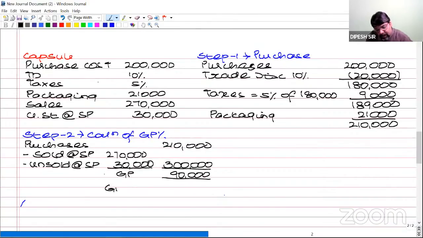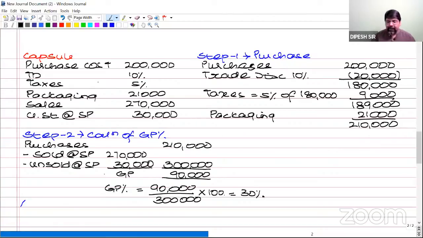GP percentage is equal to GP by 3 lakhs into 100, that is 30%. Now, is this my actual GP percent? Yes. But is 90,000 my actual GP? No, my actual GP will be 2,70,000 into 30%, that is 81,000.